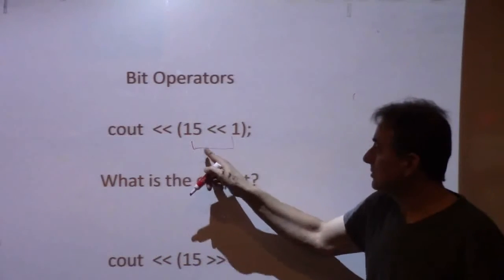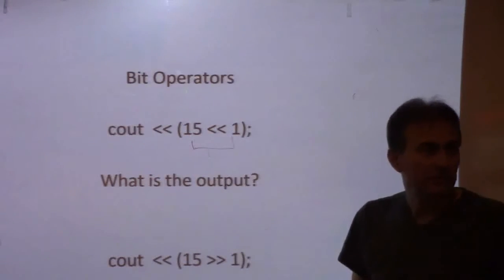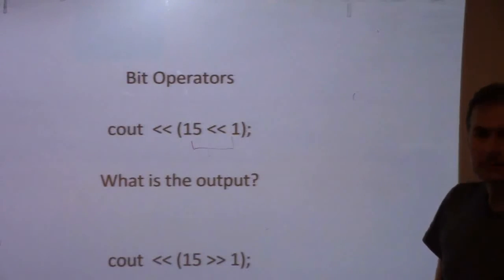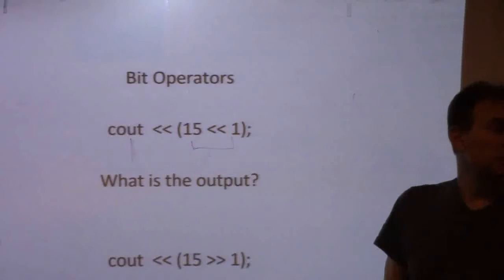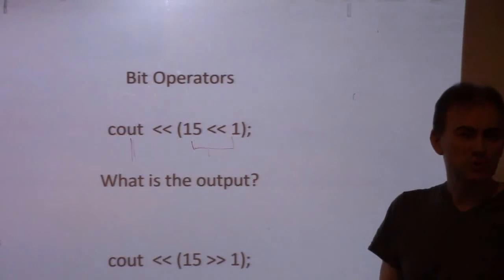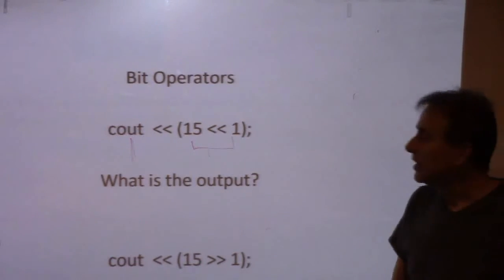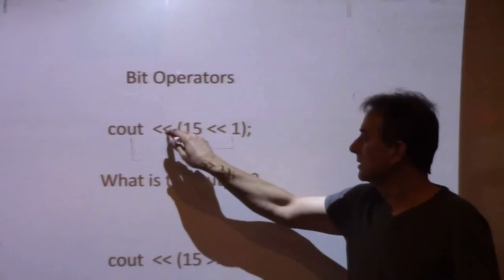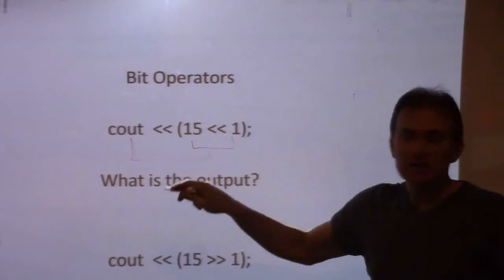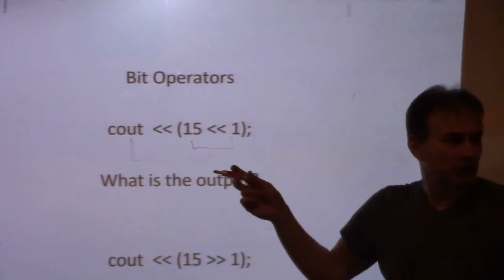Now, what type is the result of this? Int. What type is this? It's a cout object. What type is that? It's an ostream object. So with an ostream, this operator has a different meaning. It doesn't shift anything. It's just going to output it, right?